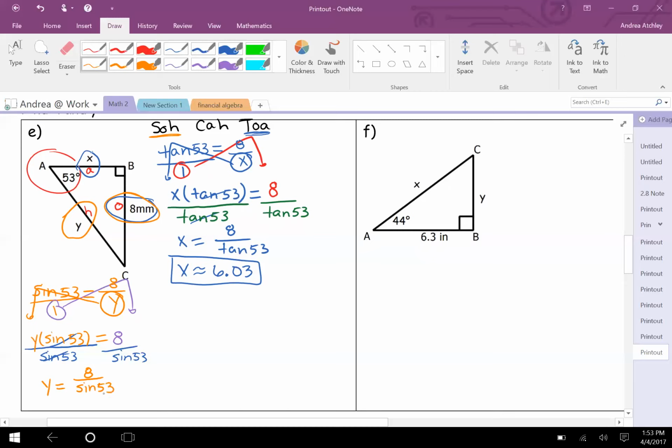So that same thing on your calculator that we just did. We're going to have 8 divided by, find your sine of 53, and then hit enter.